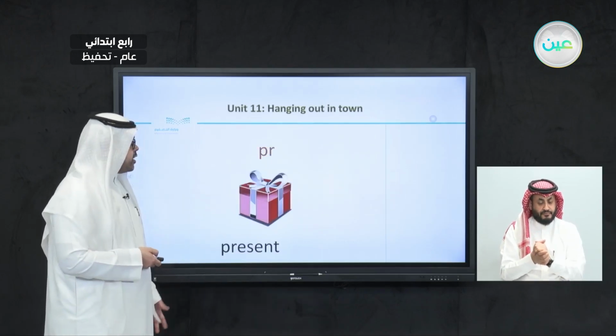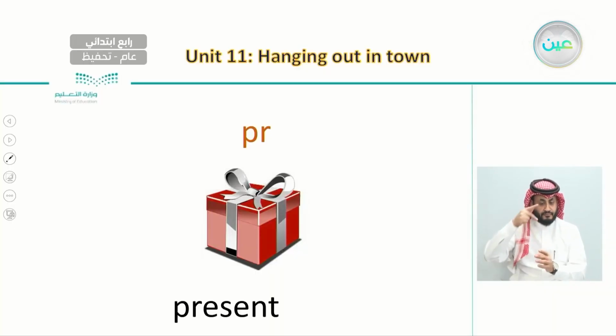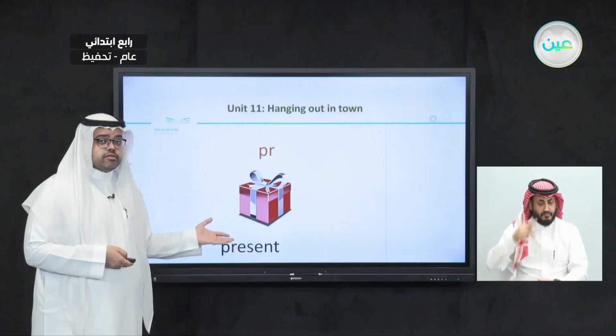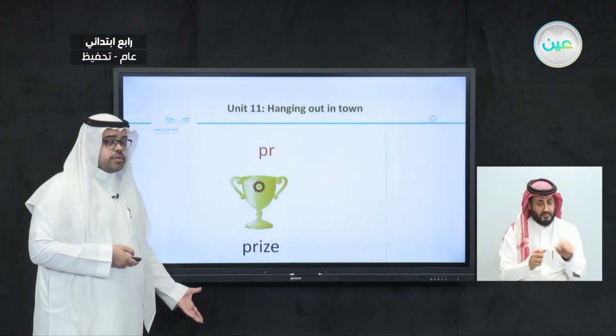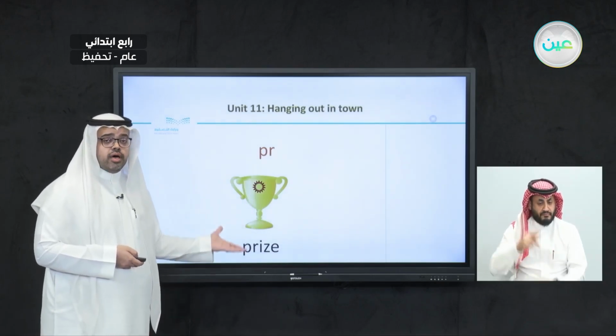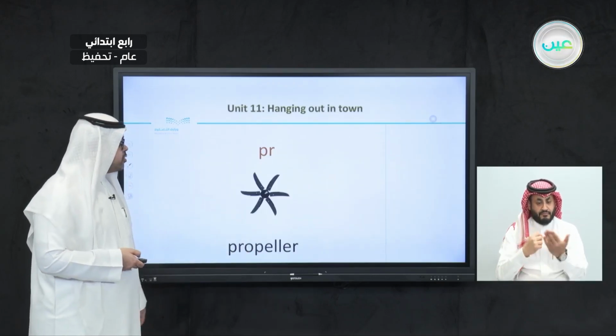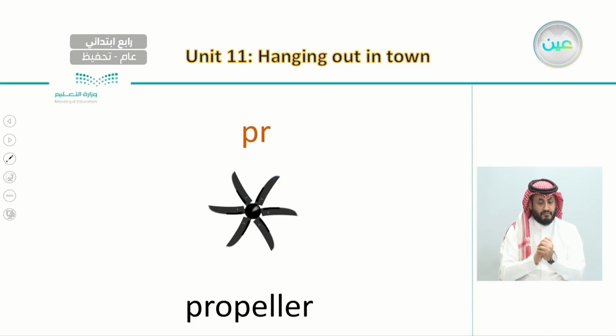Now let's listen to the words with the second blend. The second blend starts with P and R, like present, present. And the next one that starts also with P and R, like prize, prize. And the third word that starts with P and R is propeller, propeller.